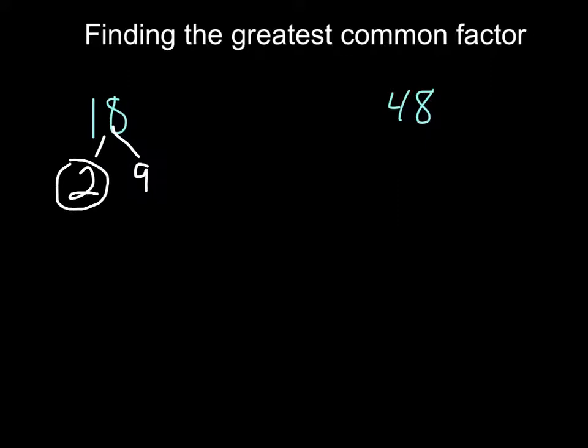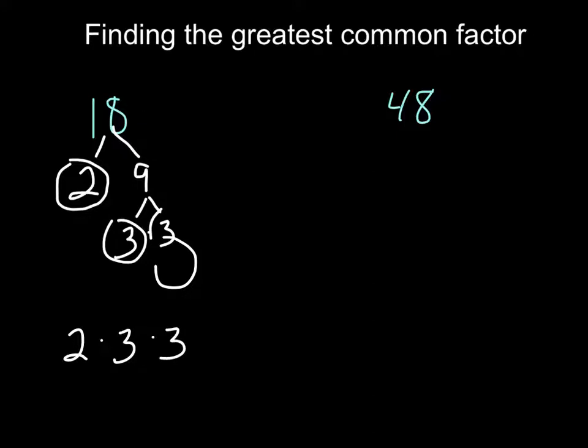I'm going to circle that one, and I'm left with 9. That would be 3 times 3, and those are both prime. So now I write those prime factors down here, 2 times 3 times 3, and now I move on to the 48. So I know that 6 times 8 gives me 48. Neither of those are prime, so I can break both of those down.